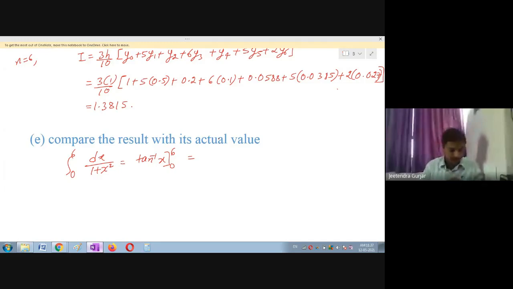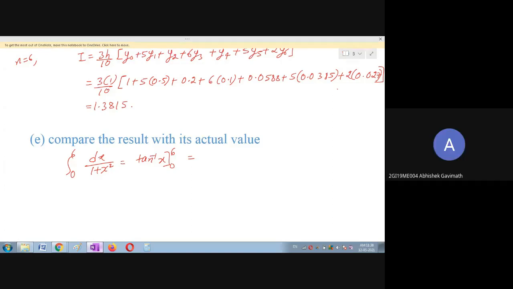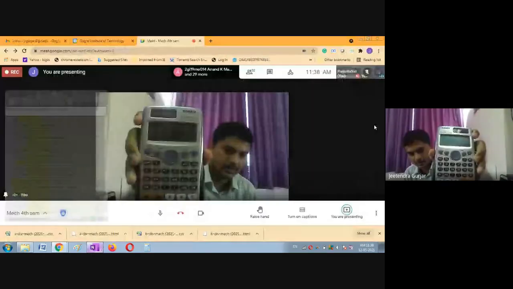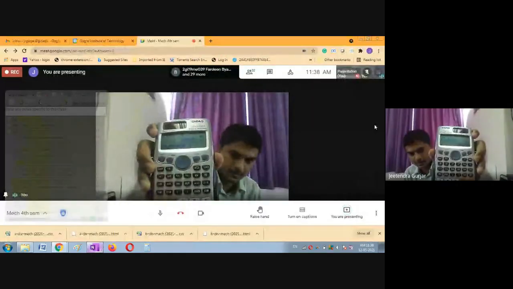And I will take here 1 divided by 1 plus... Sir, 1.4056. So it is 1.4056. Please check the values, students. Integration from 0 to 6, 1 divided by 1 plus x squared.